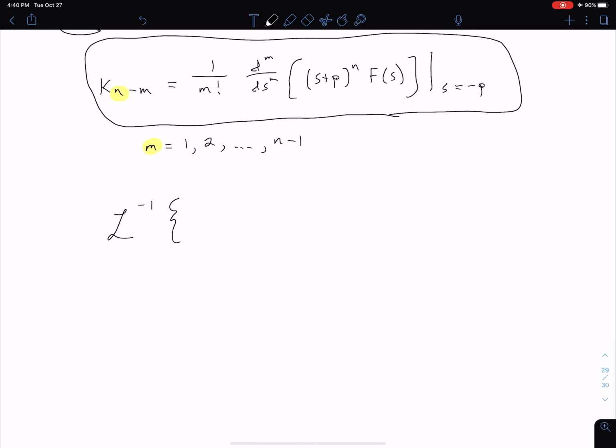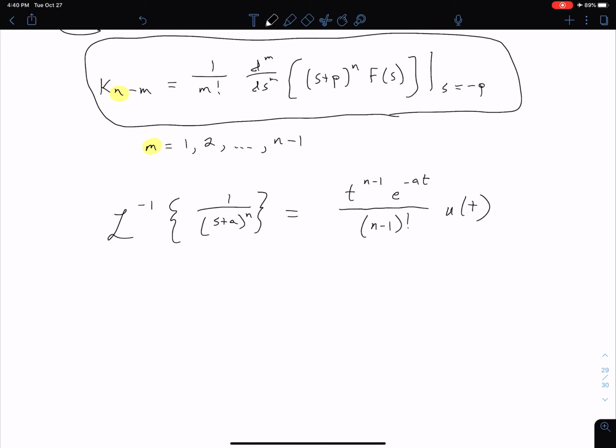If we want to take the inverse Laplace transform of 1 divided by the quantity (s plus a) to the power of n, this Laplace transforms to t to the power of n minus 1 times the exponential e to the negative at, divided by the quantity n minus 1 factorial, times our unit step function u of t.